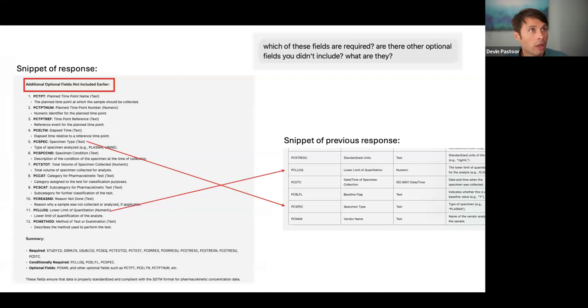So we might say, which of the fields are required? Are there optional fields you didn't include? What are they? And what you can see here from this snippet of a response is actually a number of problems start to emerge. In this case, it has improperly reconciled what it had previously responded with, as well as later on in this truncated response, it gave some factually incorrect answers.